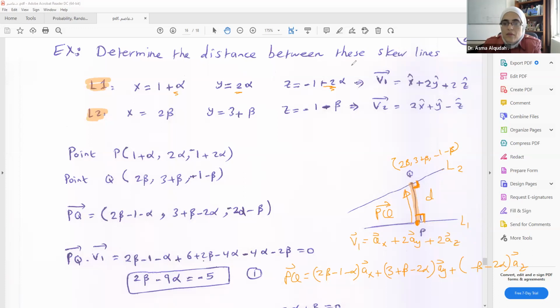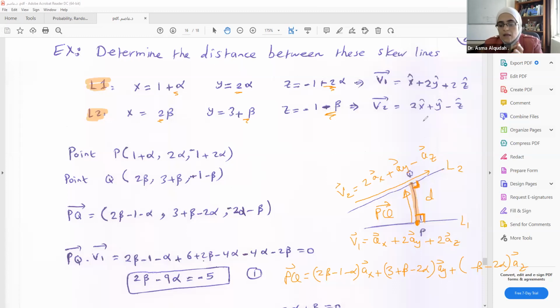And we also want to find another vector V2 that's parallel to L2. V2 is equal to 2a sub x plus a sub y minus a sub z. Okay, now we have the two vectors V1 and V2.